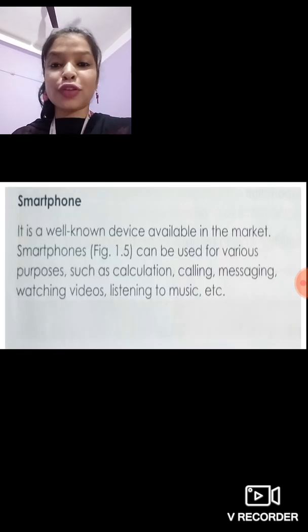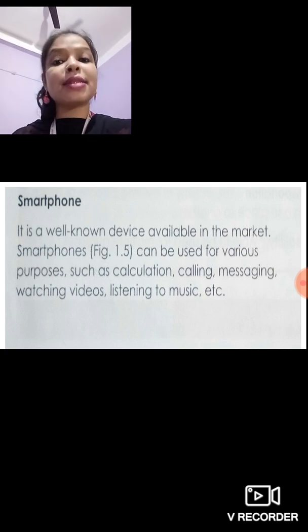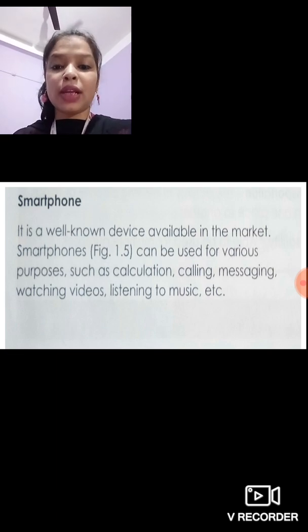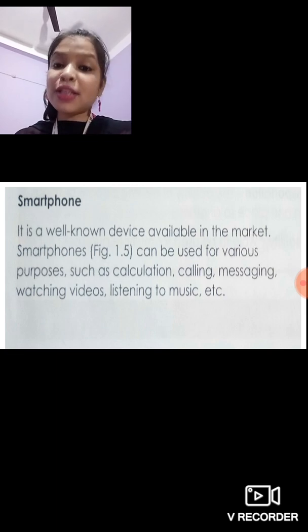Smartphone. What do you mean by smartphone? The mobile phone that we see our parents using. It is a well-known device available in the market. Smartphones can be used for various purposes such as calculation, calling, messaging, watching videos, listening to music, etc. The most portable computer-like machine nowadays is the smartphone.